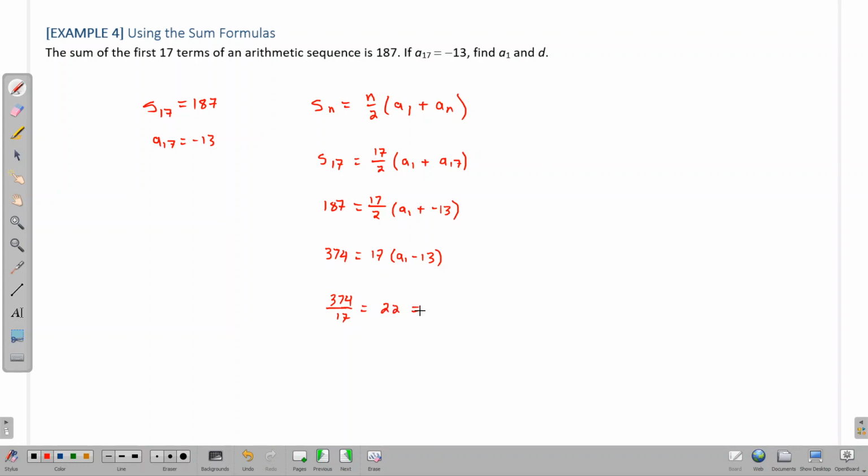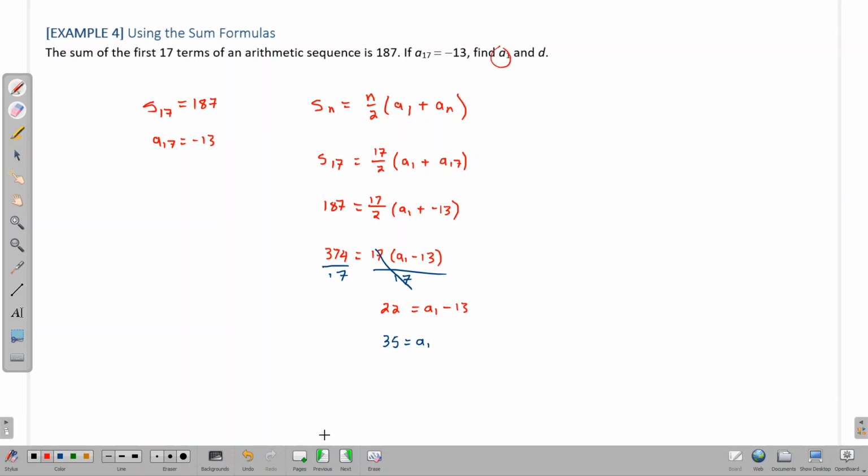So 22 is equal to what would be left over here, which would just be A1 minus 13. Right, so again, if you're unclear what I just did there, I just divided both sides by 17. So that cancels to make a 1. This comes out as the 22. I'm going to erase this actually. Okay, then add 13 over. So we have 35 is A1. Okay, so we have that done.